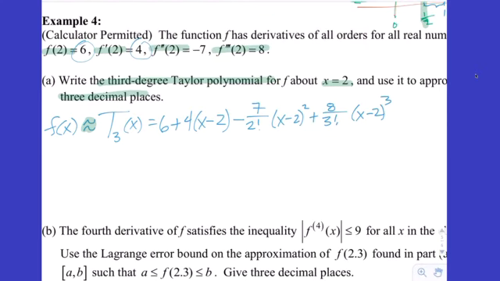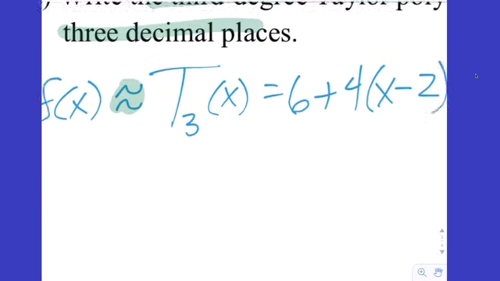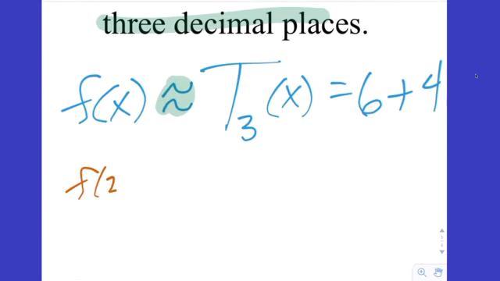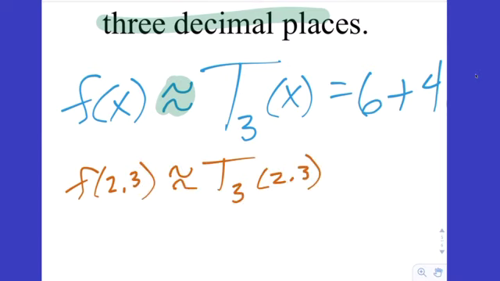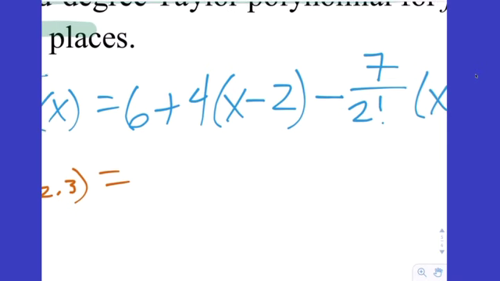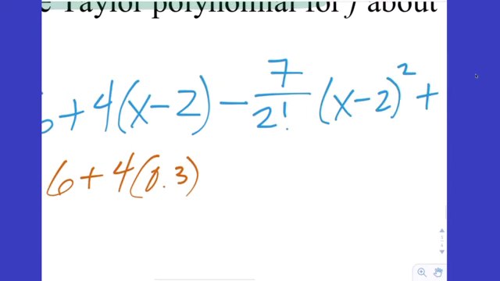We plug in. So approximate f of 2.3. So f of 2.3, squiggles, T sub 3 of 2.3, which equals, and now you get 6 plus, if you want, 2.3 minus 2 is 0.3. So that just makes it a little bit less writing.